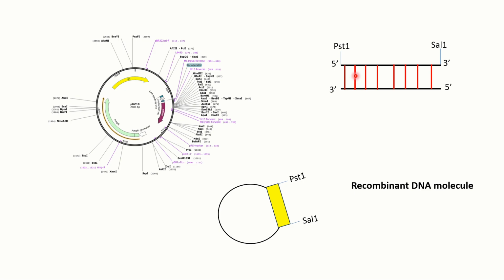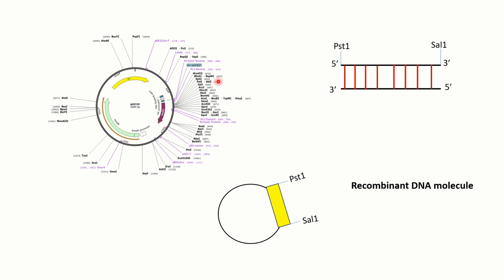So now let's look into the basic steps of cloning. This is our gene of interest and this is the plasmid, and in this case we have taken the pUC19 plasmid. We have cut our gene of interest with two different restriction enzymes, PstI and SalI, and we have to cut this plasmid with the same restriction enzymes.